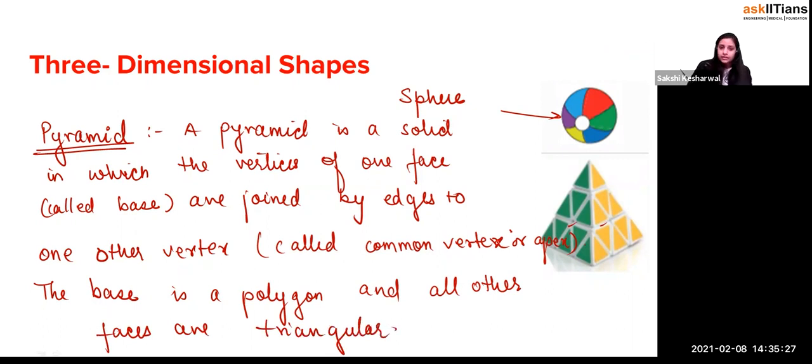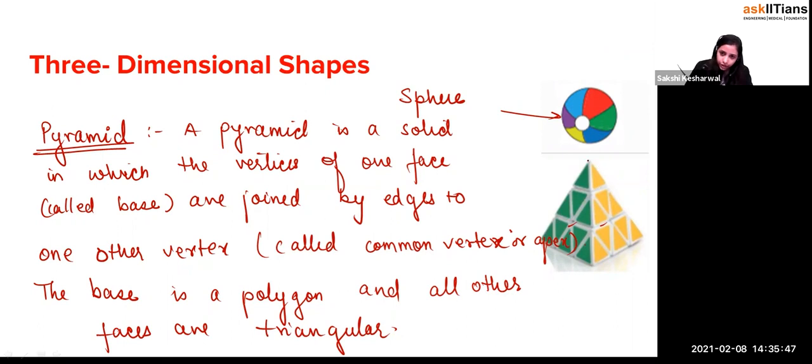Right? So you may think ma'am has written a very big thing, but it's easy. Have you seen the pyramid of Giza? You see that the side faces are triangles. So it is a solid figure in which the vertices of one face are called the base.